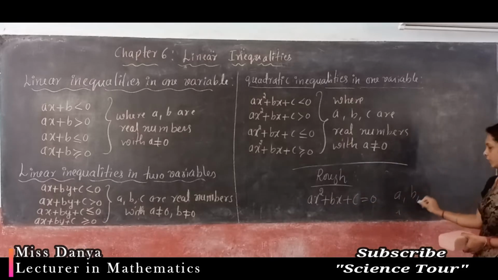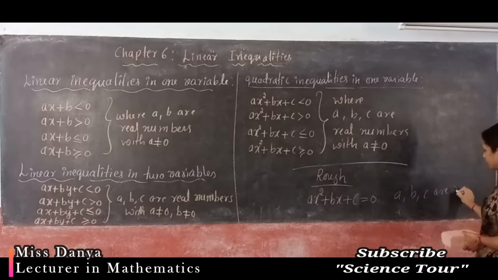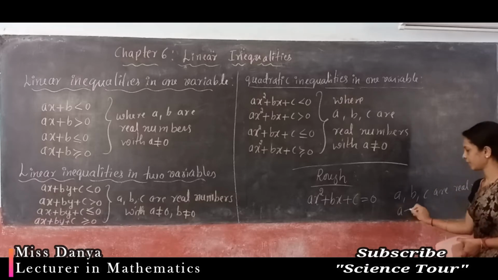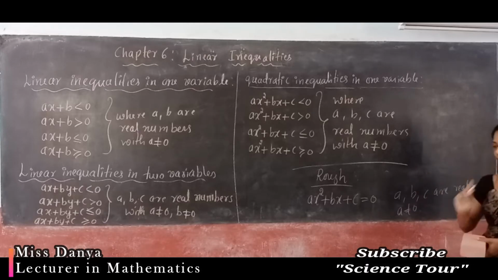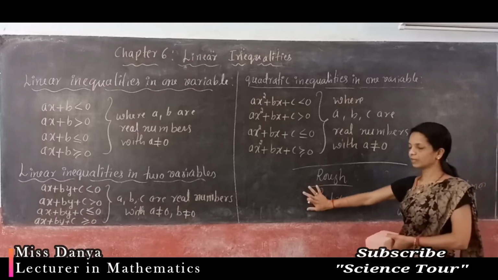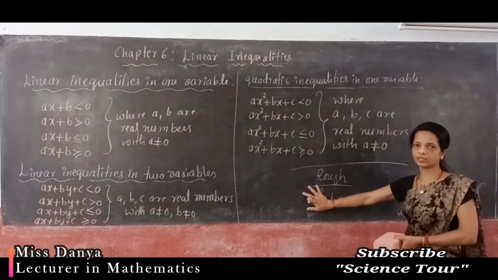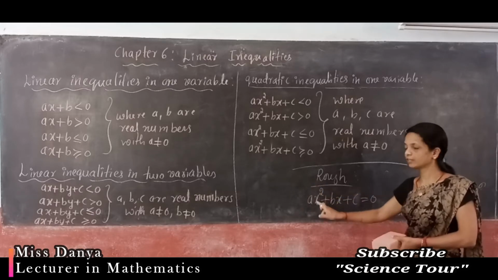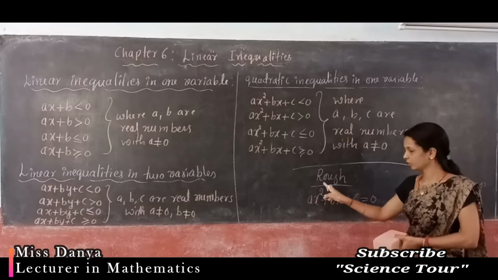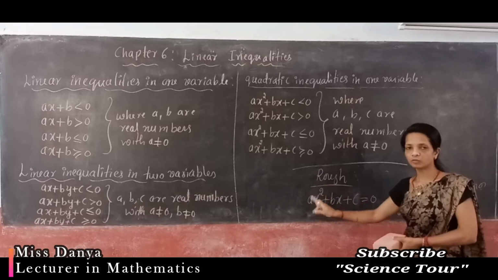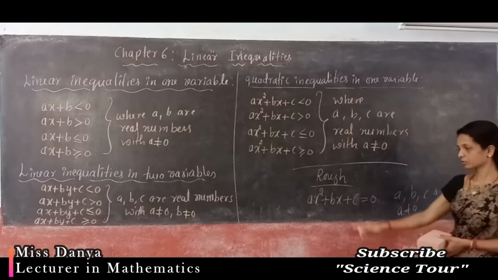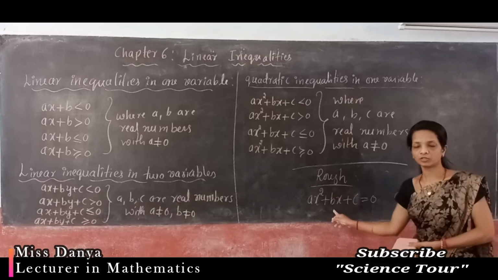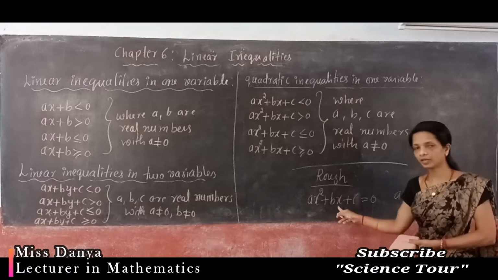Here also a, b, c are real numbers, and a is not equal to 0. If a is 0, then that will not be a quadratic equation, it will be a linear equation. So for that reason, the highest power of x is 2, and the coefficient of that should be not equal to 0.